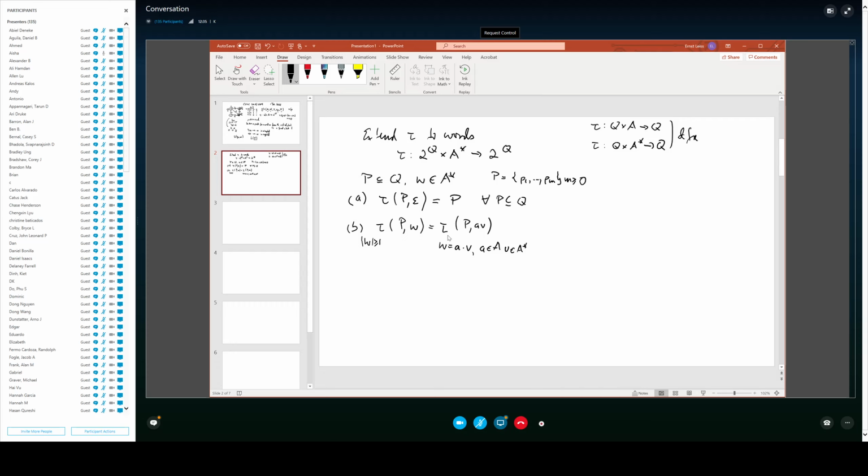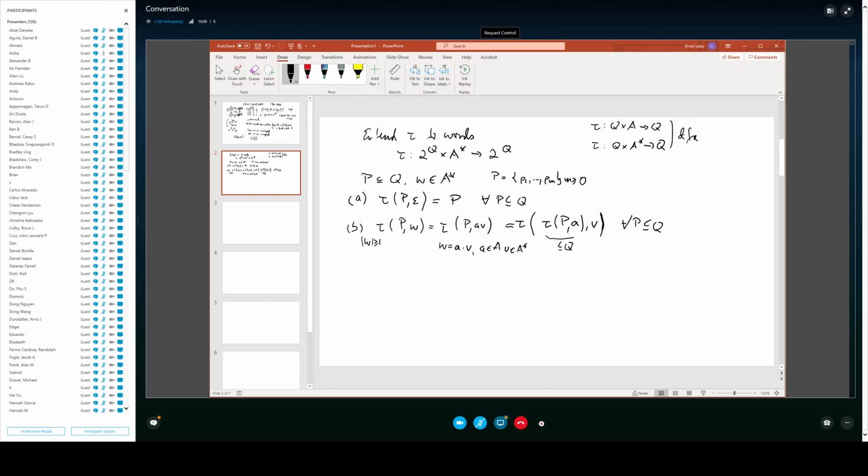And so in order to mimic this behavior of tracing the word through the various paths that we have, we first take our set P and apply that single letter to it. And then this is, of course, now a subset of Q. To that subset, then we can apply the remainder of that word, which is V, and that then is the definition that we have. This is again for all P, subset of Q.